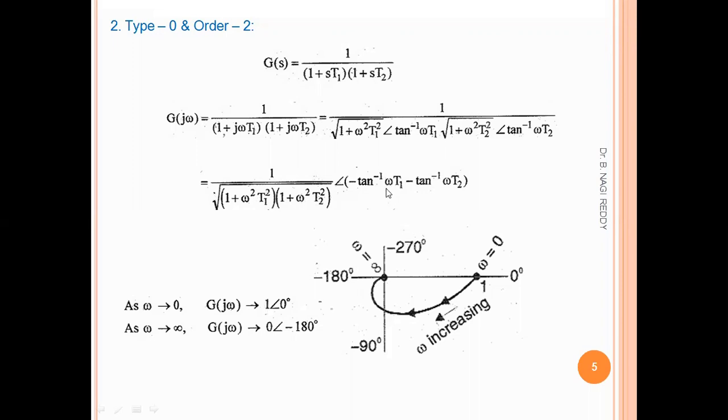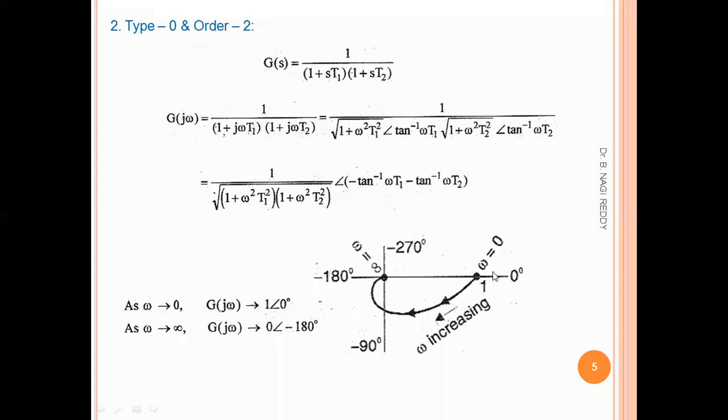Similarly, substitute omega is 0 in the angle also. So tan inverse 0 is 0, so minus 0. Here also tan inverse 0 is 0. So 0 minus 0, you'll get 0. So the angle is 0 and the magnitude is 1, which means the polar graph will start on the 0 axis. The angle determines at which axis, at which angle, it has to start.